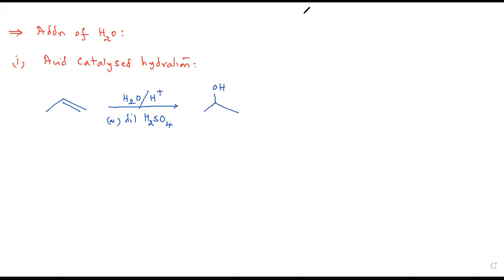Let me give you the mechanism. Then we'll tell you one very important point. Propene. Let me consider H3O plus, because we know that H plus has no independent existence in water. It exists in the form of H3O plus.